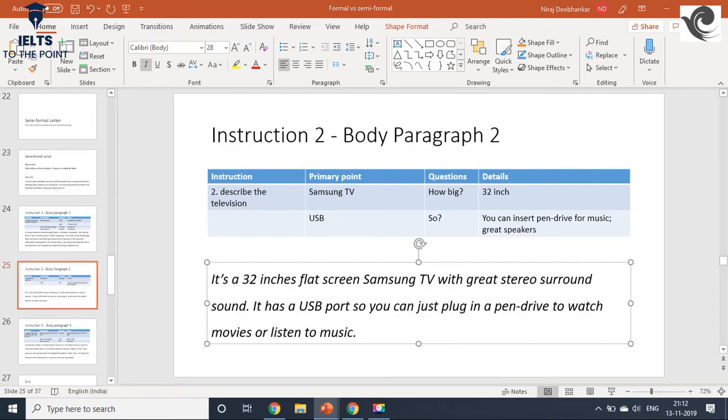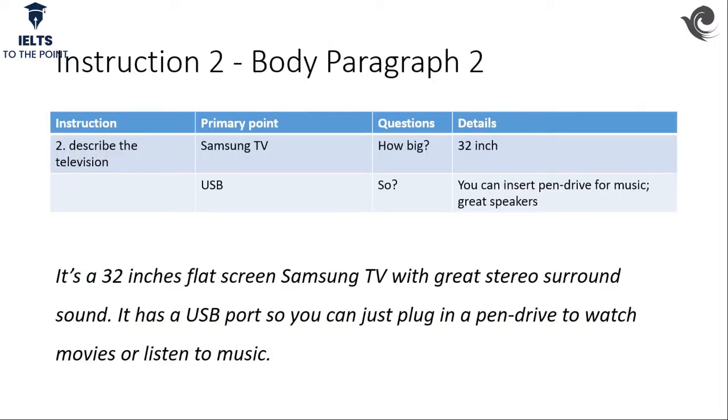It has a USB port, so you can just plug in a pen drive to watch movies or listen to music. Alright, this could have been the ideal case, but you can reach somewhere here only if you have time to edit.